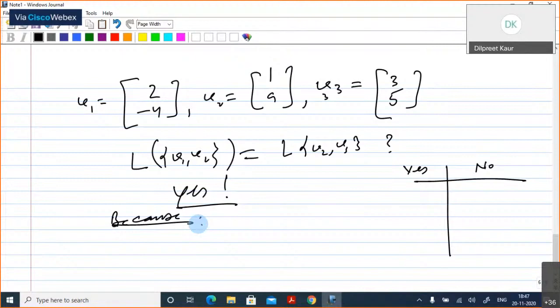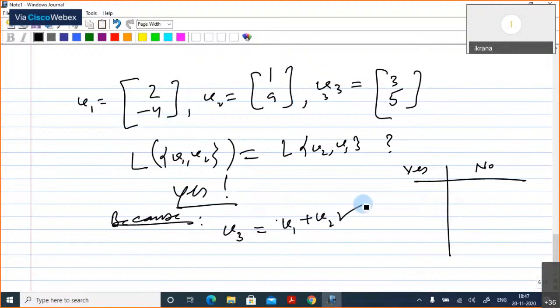Vector V3 can be written as the sum of V1 and V2. So alpha 1 V1 plus alpha 2 V2, where alpha 1 is 1 and alpha 2 is 1. So 1 into V1 plus 1 into V2. V1 plus V2 is equal to V3, so 2 plus 1 is 3.